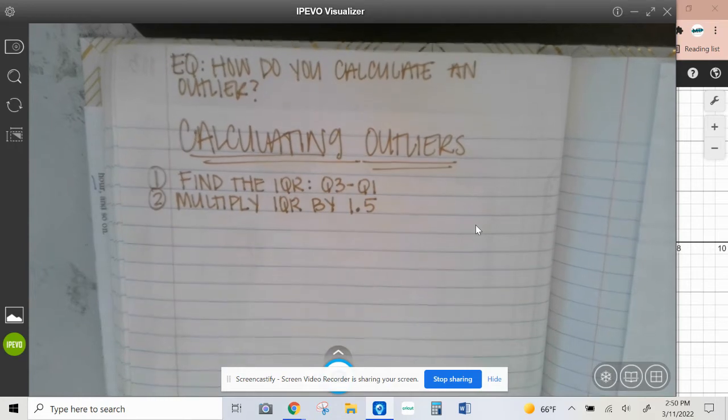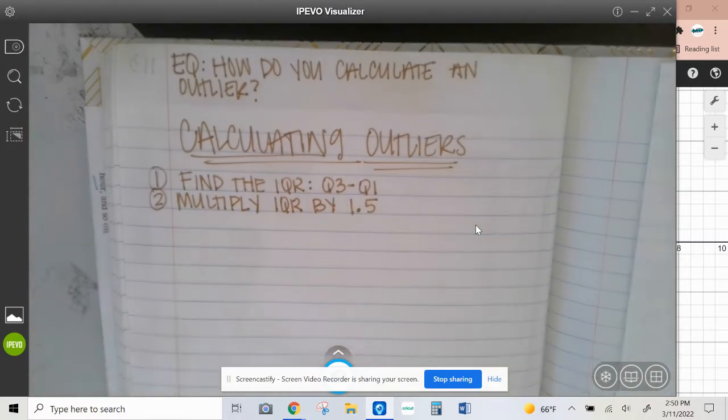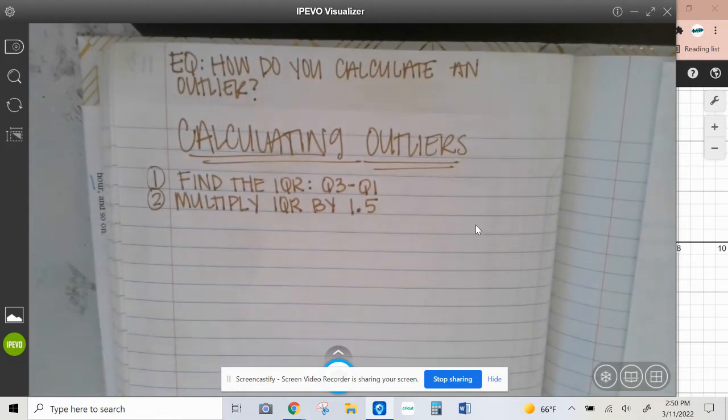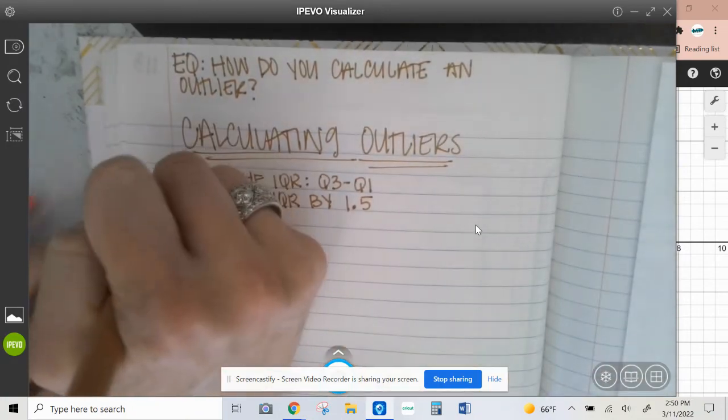Some mathematician decided that it was considered an outlier if it's 1.5 times bigger or smaller than your quartiles. Not quite sure who decided on that number, but there you go. It's always 1.5 that we multiply by, always, okay?